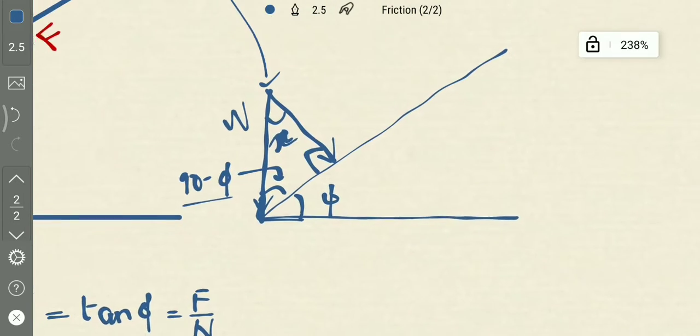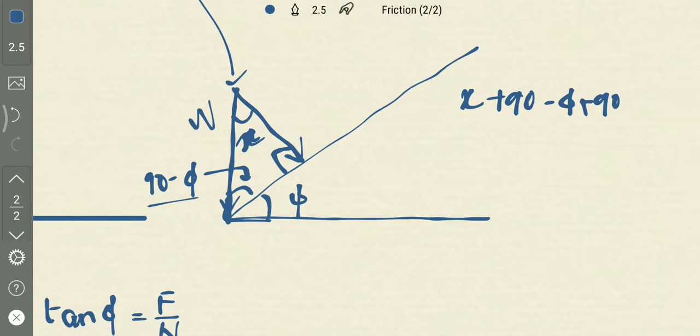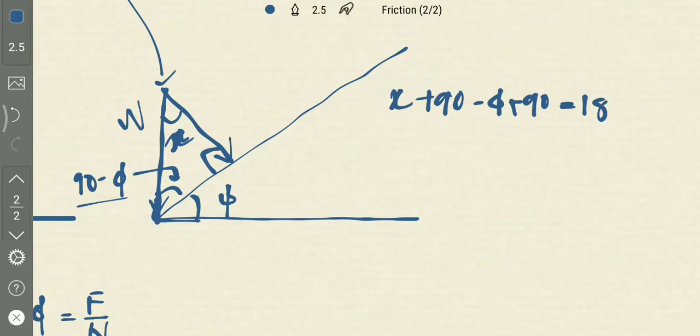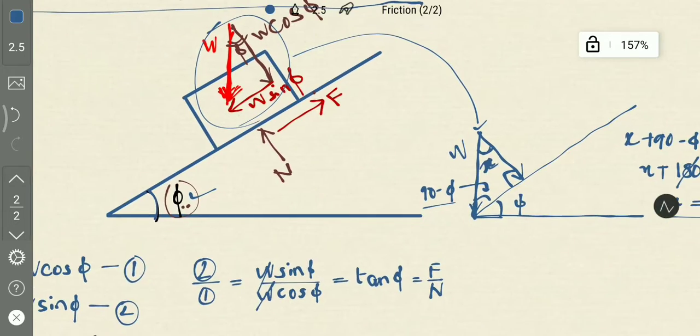The sum of angles in a triangle is 180 degrees. So x plus 90 minus phi is one angle, and another angle is 90 degrees, so x plus 90 plus 90 minus phi is equal to 180 degrees. The 180s cancel, and x is equal to phi. So this angle is phi. This is how we got phi here.